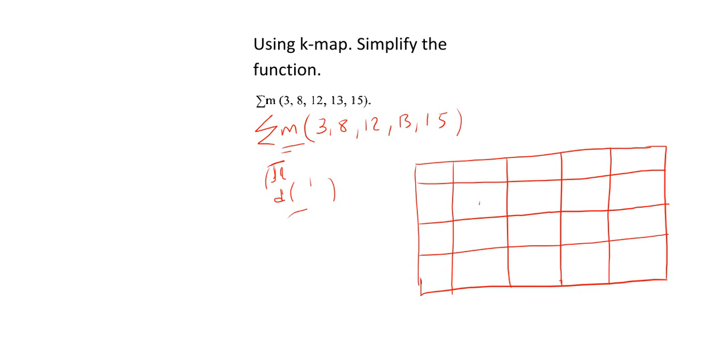Now we are considering inputs A, B, C, D because of the 16 squares, and this is because of this 15 here, which indicates that this will be a 16 square K-map.